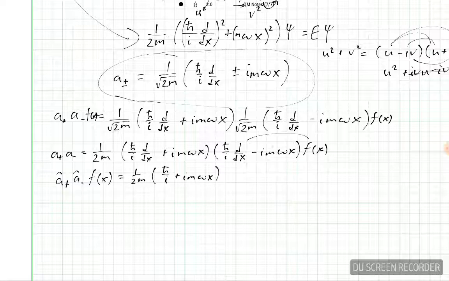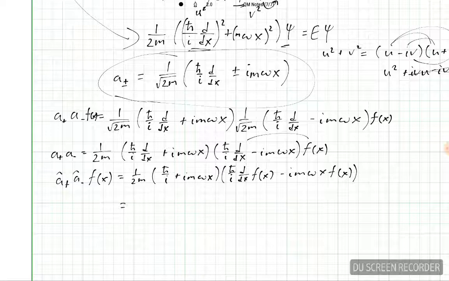And now I'm going to have these acting on f of x, just the same way that these guys act on psi. So I get h bar over i times the derivative of f of x minus i m omega x times my function f of x.